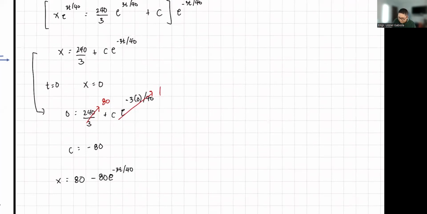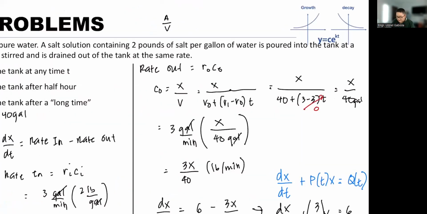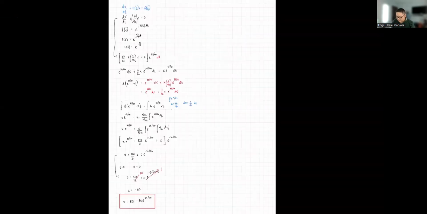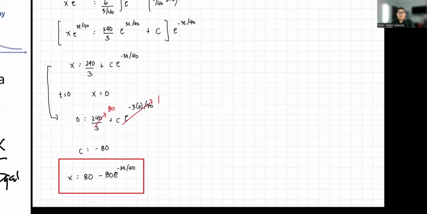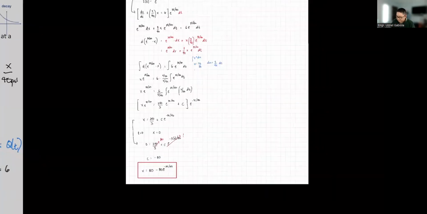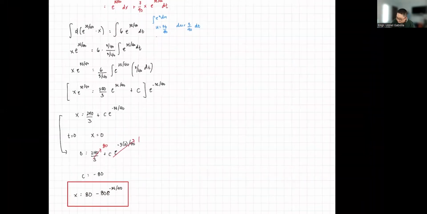So, this will be your first answer dun sa letter A. This will be the amount of mixture at any time t. Yun yung hinahanap natin dun sa una, no? At any time t. So, nahanap na natin yung formula at any time t. So, ibig sabihin kahit anong time na ngayon ang ibigay sa atin, malalaman na natin yung amount of mixture dun sa volume natin o dun sa fluids natin na nasa loob ng tank. Okay? So, yan yung letter A. Next, letter B.